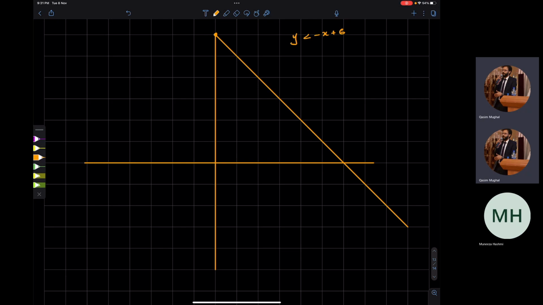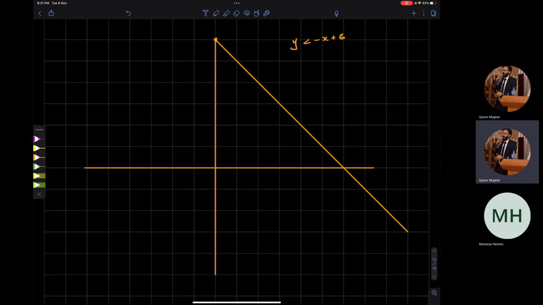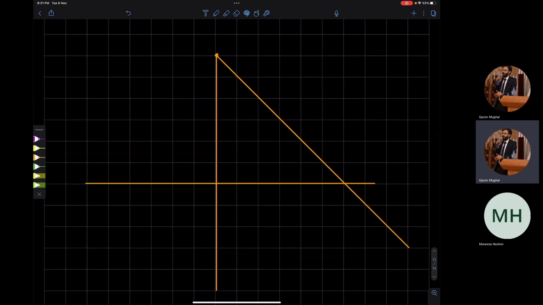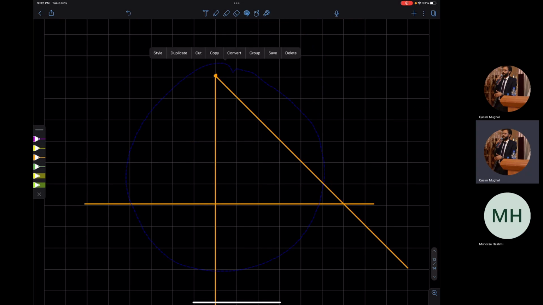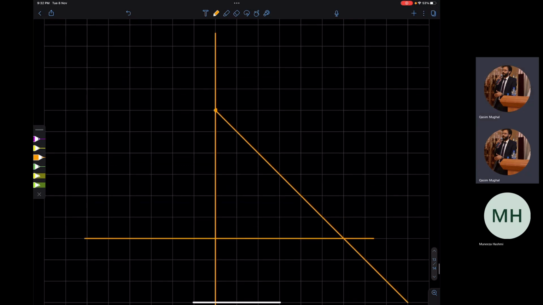Next is y is 2x plus 9, that is going further up. That is the y-intercept, 9, and the gradient is 2, so it's going to be 2 over 1.